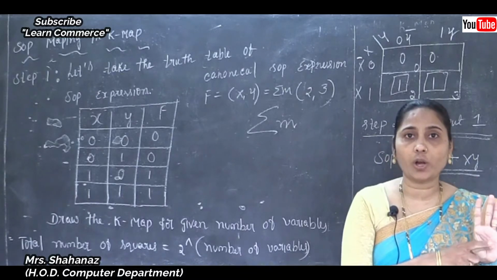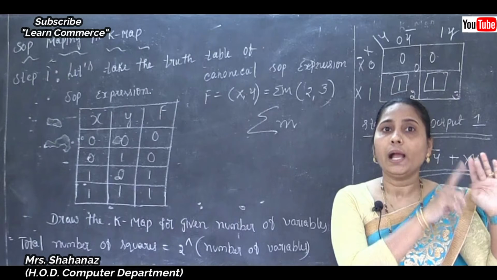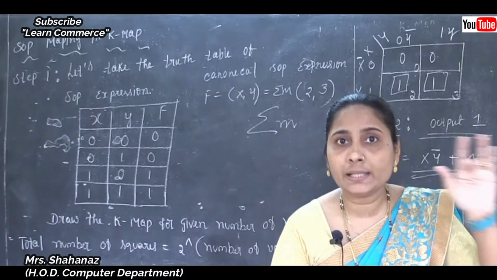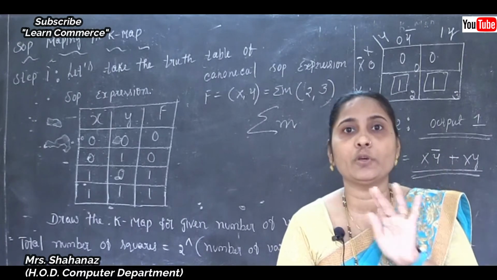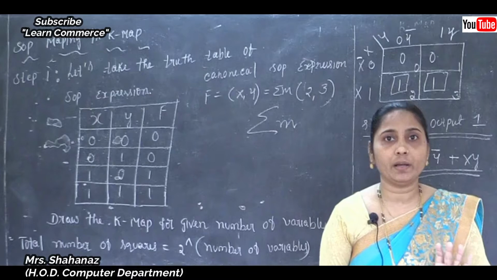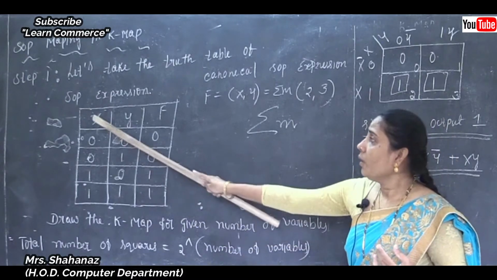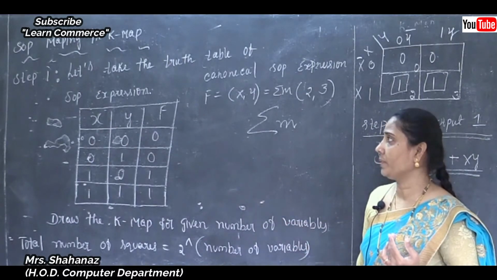For the first column I am using the name x, the second column y, and the third column f, which is the final output. In the third column, depending on the SOP note, binary 1 is considered to form the SOP.